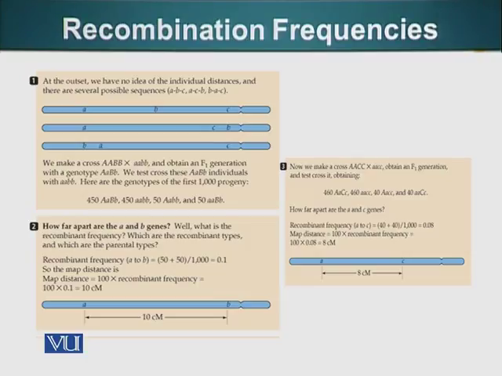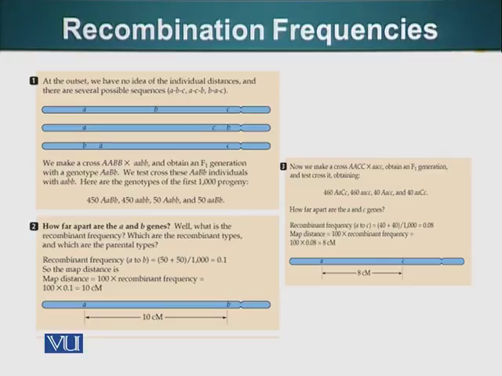Here we get 40 recombinants of capital A, small c and 40 recombinants of small a, capital C. Again, we use our previous exercise and calculate the recombinant frequency. Here's the algebra. We come up with the number 0.08. This number translates to 8 centimorgans. So we have now established the distance between A and C and between A and B.